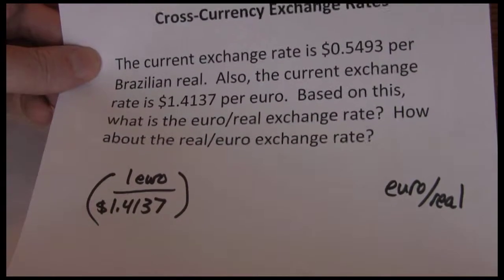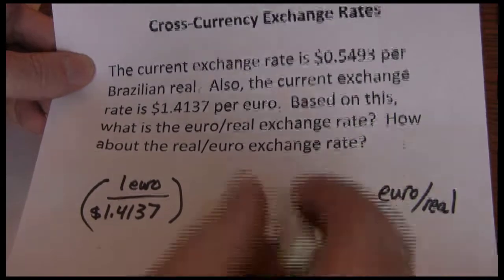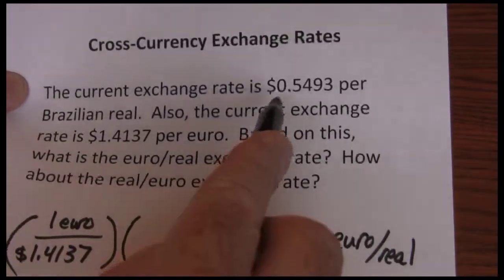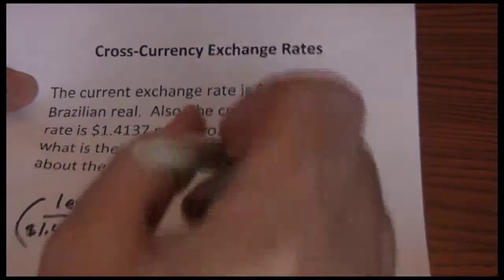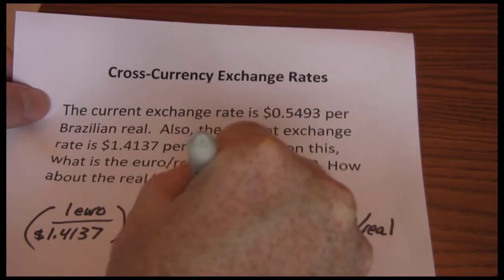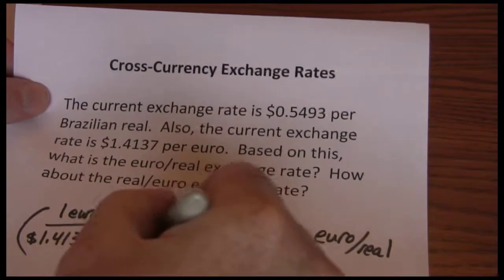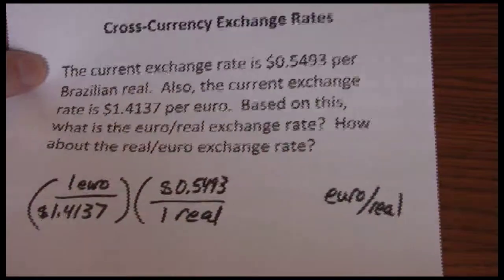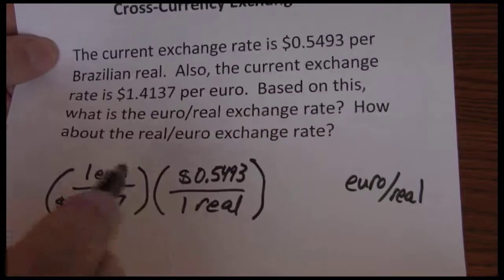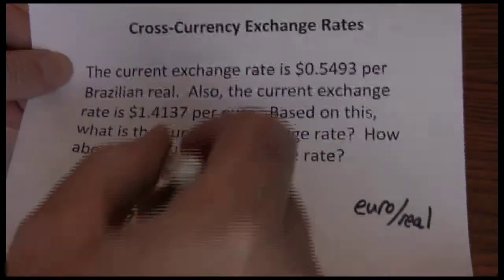Now we need those dollars to cancel out, and we need the real in the denominator. So we want the dollars in the numerator, 0.5493 dollars per real. And now we've got a dollar up here in the numerator, a dollar in the denominator, so those are going to cancel out.